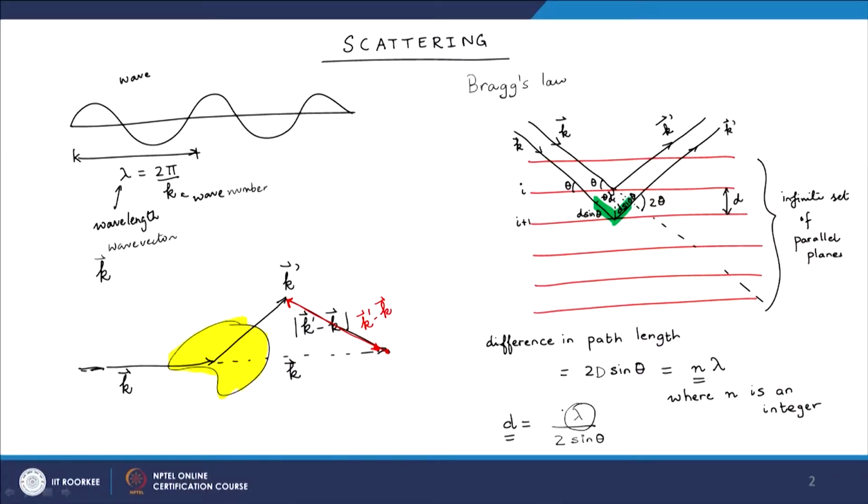What it also means is, if I want to look at structures with a certain periodicity, I have to choose the light source of a certain wavelength. For example, if this lambda value is very small, I can look at smaller values of d. On the other hand, if lambda values are large, I can only get larger values of d.